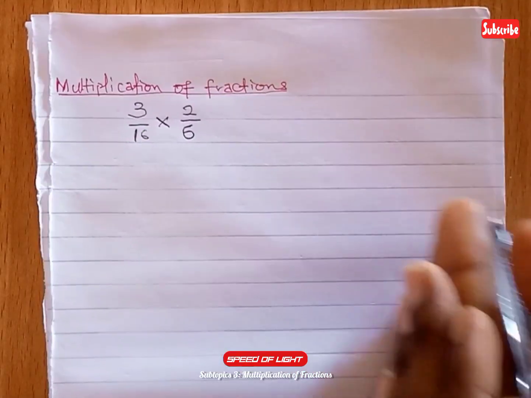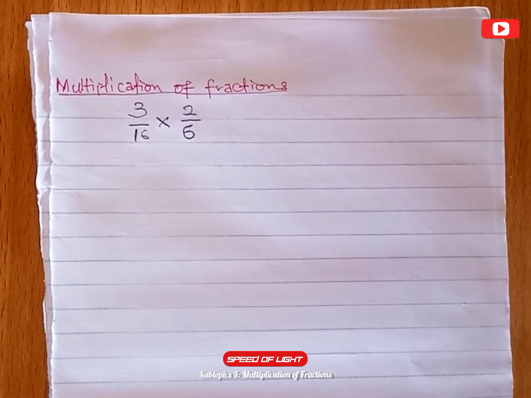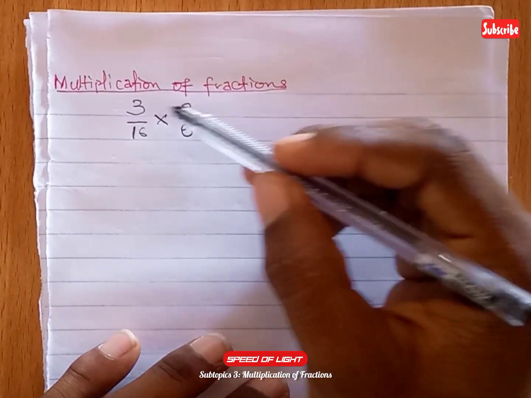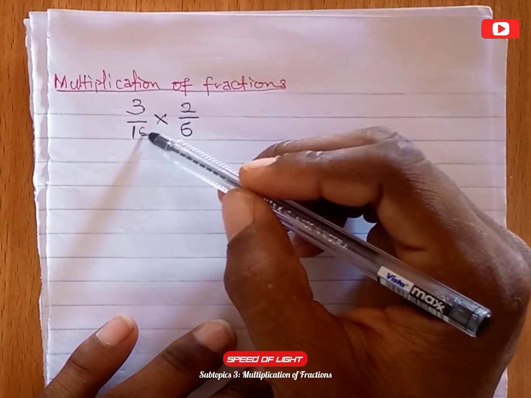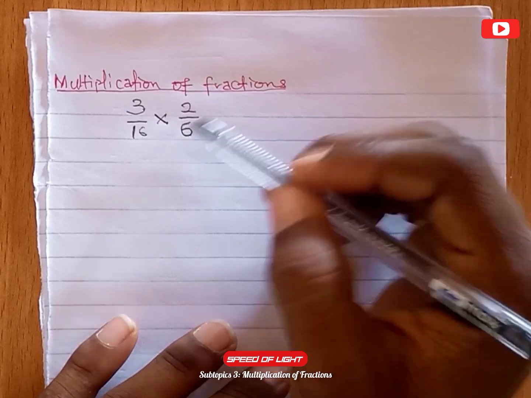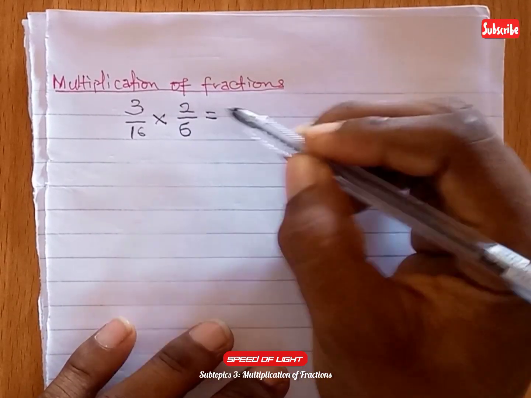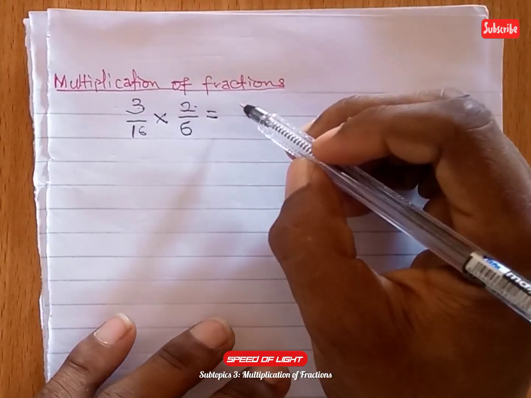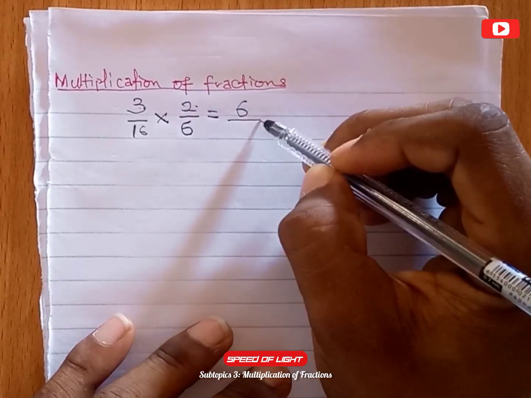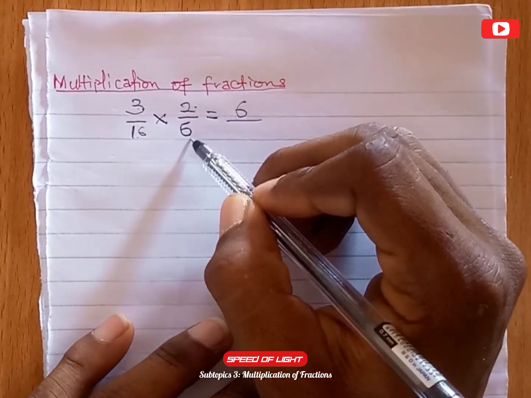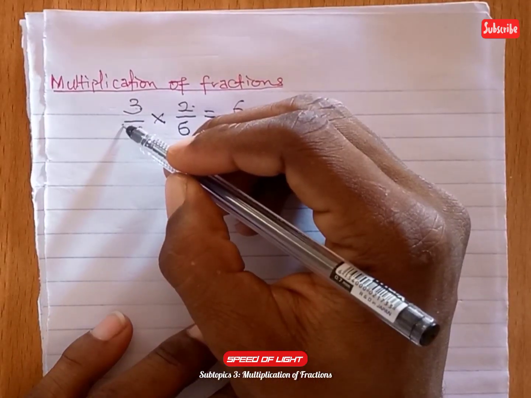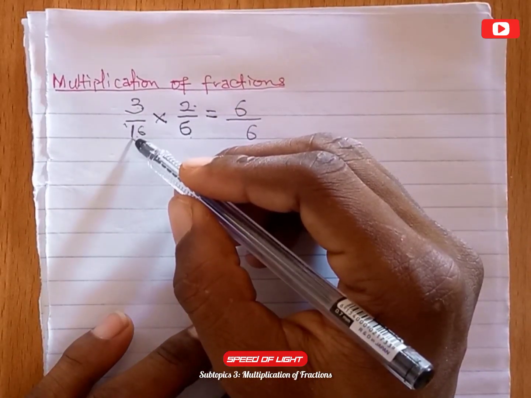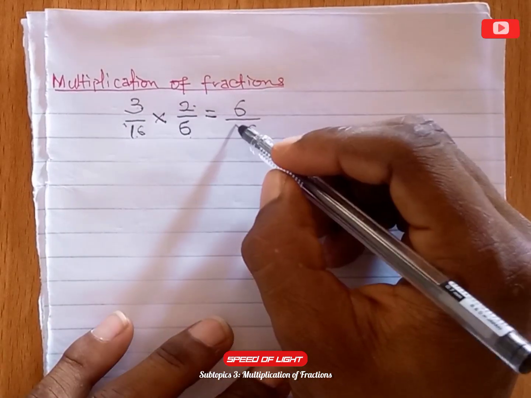In multiplication of fractions, we don't find the LCM. We have a shortcut, but I'll go the straight way. Now, you multiply 3 times 2, then 16 times 6. You see that? Let's do that. 3 times 2 gives us 6. 16 times 6: 6 times 6 is 36, put down 6, carry 3. 6 times 1 is 6, plus 3 is 9.